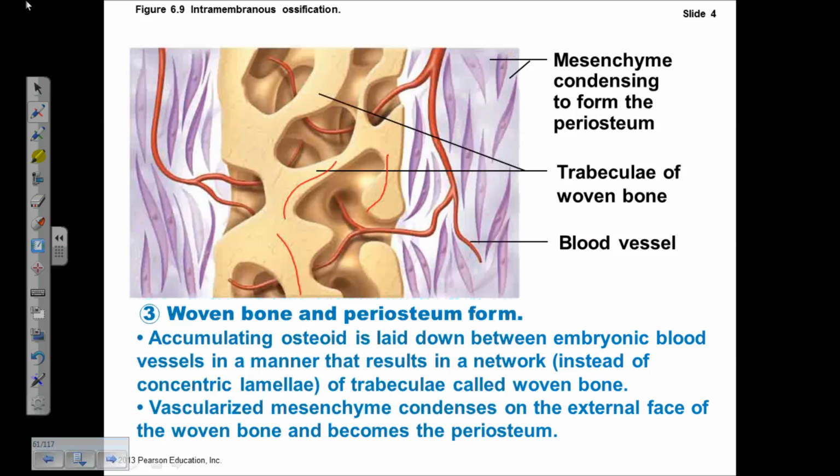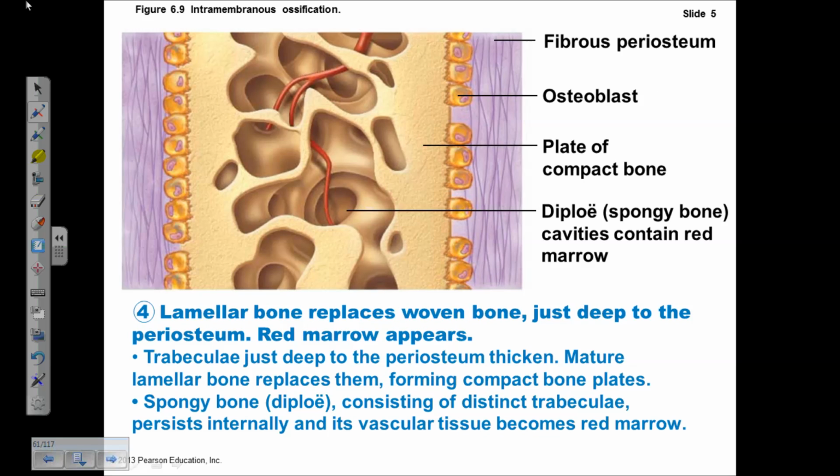On the external surface, the condensation of the mesenchyme, the material of the fibrous membrane, will lead to the formation of periosteum. And during the last stage, the external surface of the woven bone will be substituted by the lamellar bone.